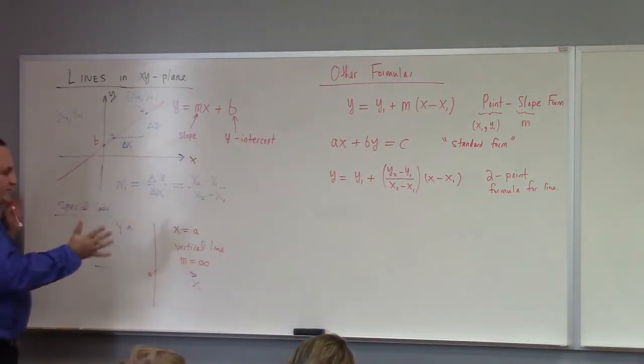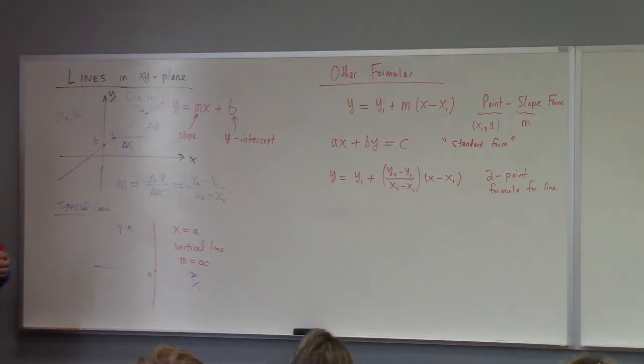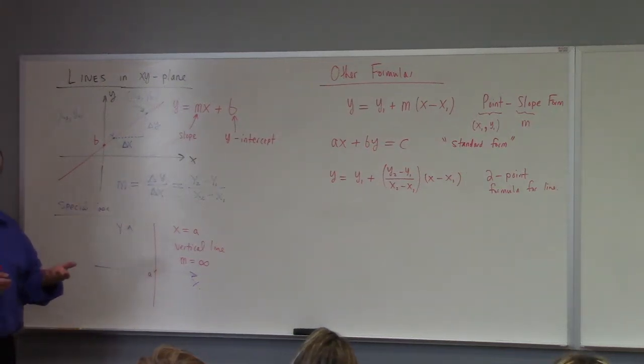So these are the standard formulas for a line: slope-intercept, point slope, standard form, of course, and the 2-point formula. Which one of these we want to use for a given problem depends on the problem, all right? Now, if I just ask you to find the equation of a line, like on the quiz, the last problem, I didn't tell you which format to use, did I?